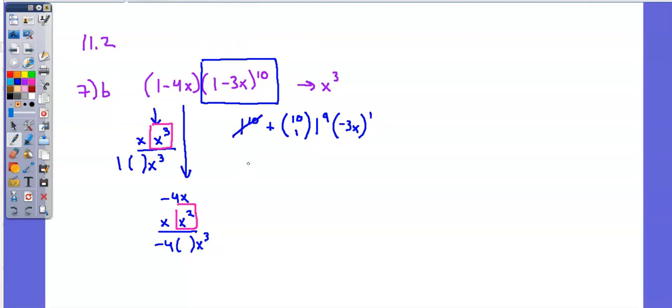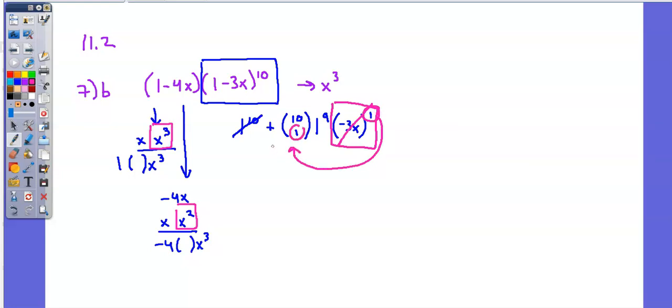Now, the next term I have, notice where the x is. That's going to be (-3x)^1, so that isn't going to be helpful to us. But what we can observe is that this 1 is the same as this 1.